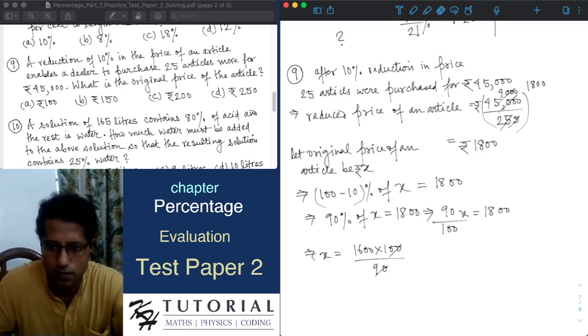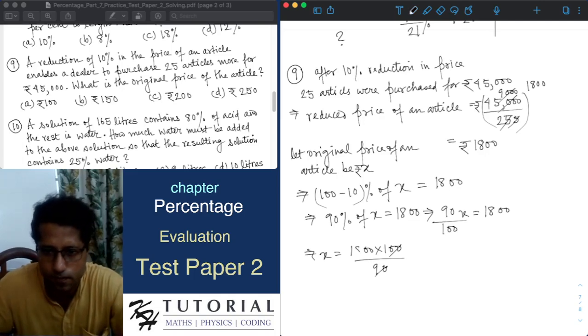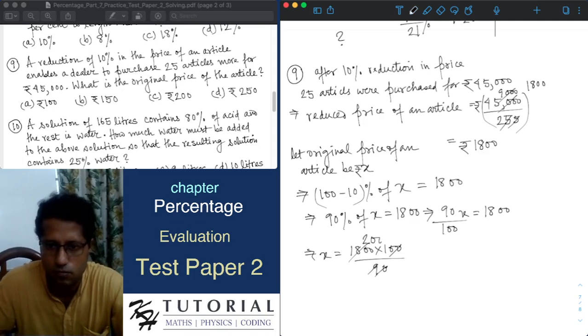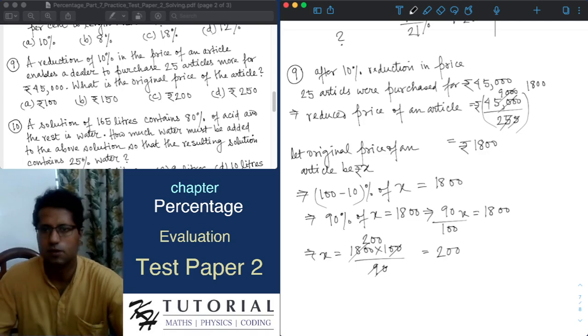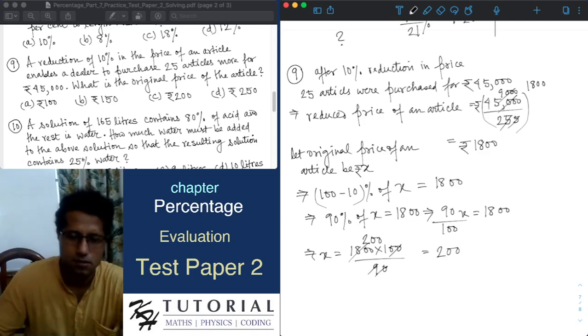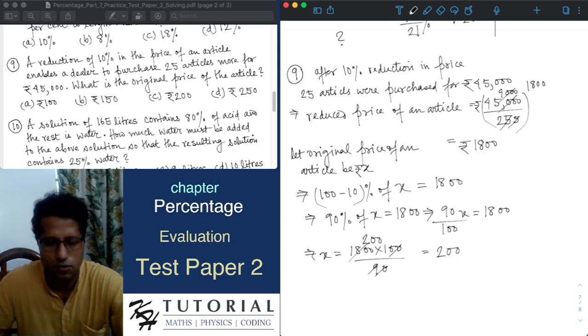So it should divide now. We have 1800, and this is 200. So the original price of the article was rupees 200. So the answer is choice C.